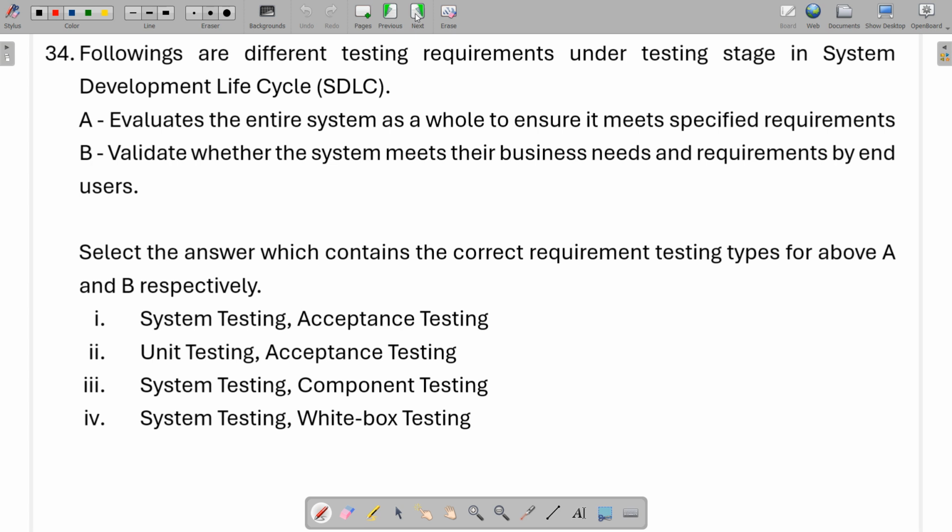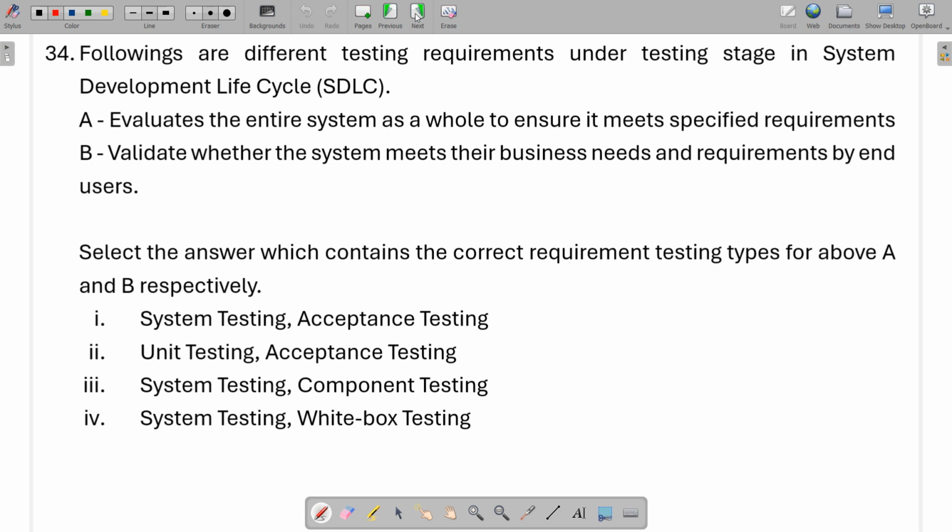Statement B says validate whether the system meets the business needs and requirements of the end users. Select the answer which contains the correct testing types for A and B respectively. So they are talking about some testing methods. In statements A and B, we have to recognize which type of testing they are doing.